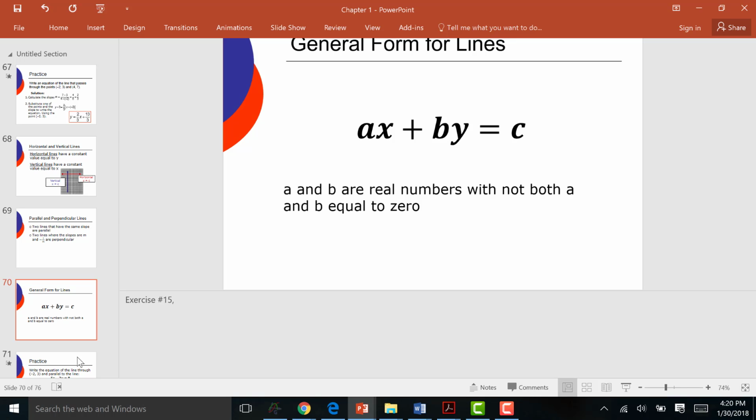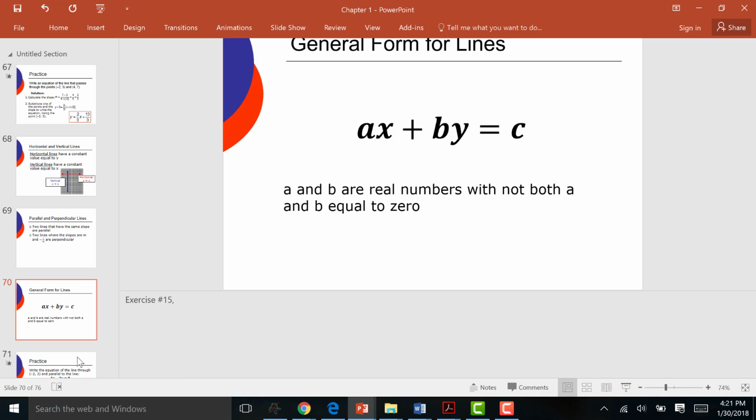So now you see, general and standard form mean the same thing. It could say general form, it could say standard form. It's 3x plus 4y equals 15.